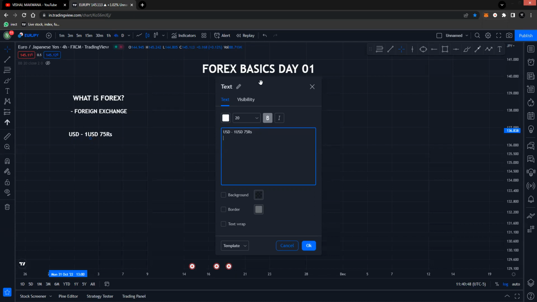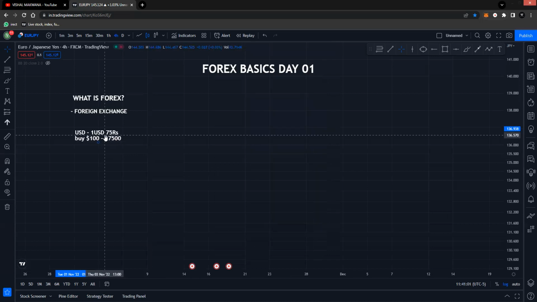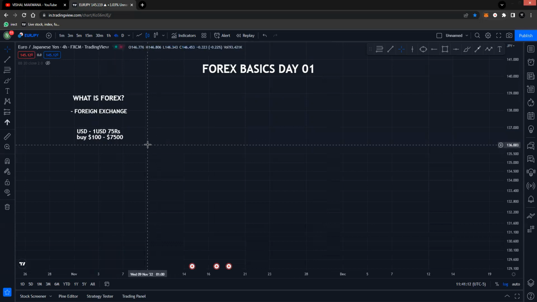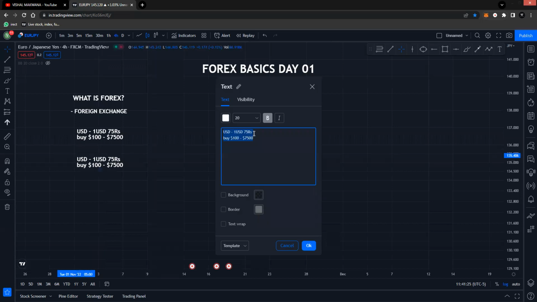Now, if you want to buy $100, that means we have to give 7,500 rupees. So you exchange your 7,500 rupees, and in return you get $100. Now, think that for some reason you do not use that $100 when you are in the USA.